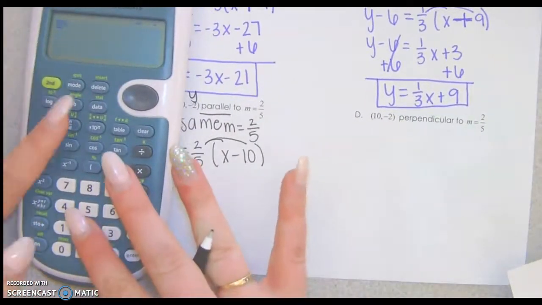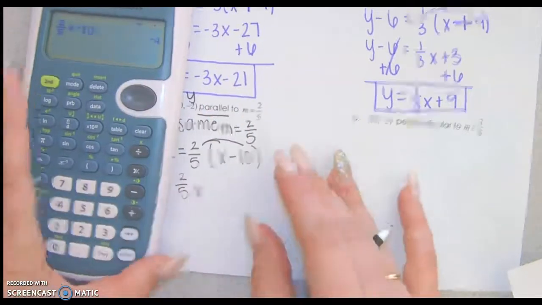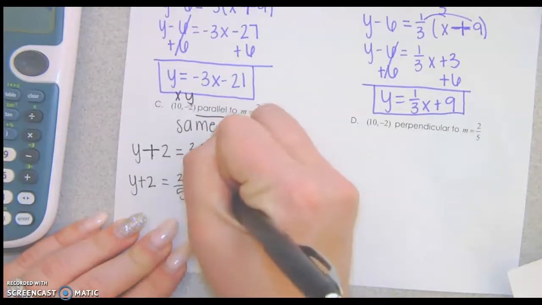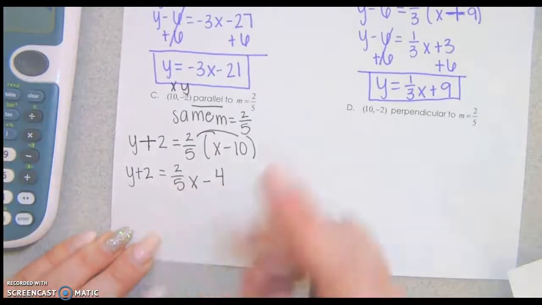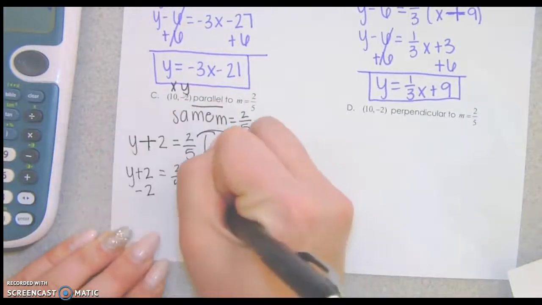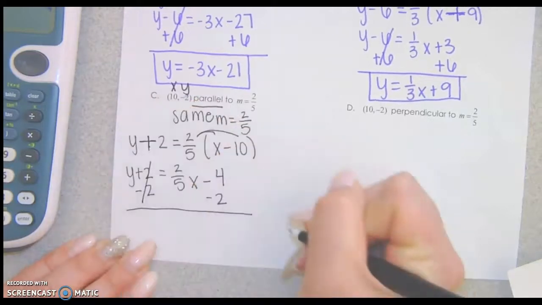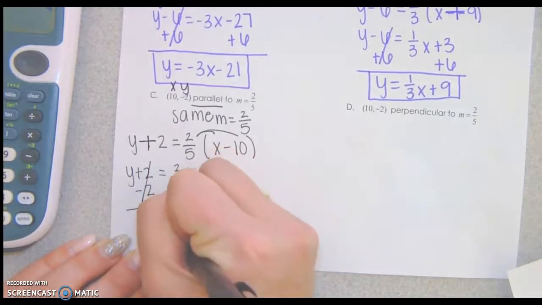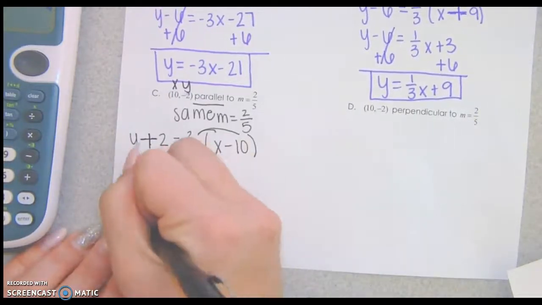So we need to do 2/5 times -10, and we get -4. To get y by itself, we need to subtract 2 from both sides. And we have y equals 2/5 x minus 6.